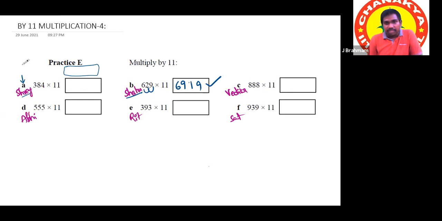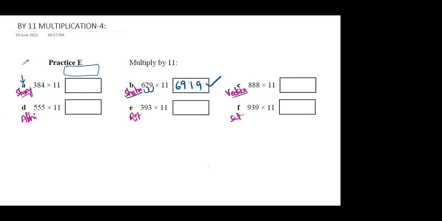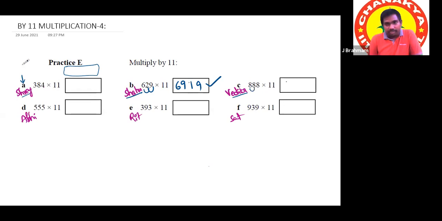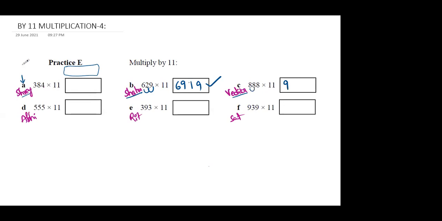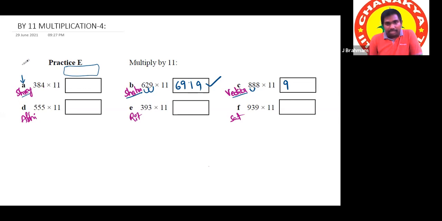Correct. Vedika. Yes, sir. So we'll write the first digit as 9 because 8 plus 8 is 16 and then carry 1. So 9. And then again 8 plus 8 is 16, so again we'll get carry 1. Actually 8 plus 8, the end number is 6, but because there is a carry in the next place, we'll write 7.